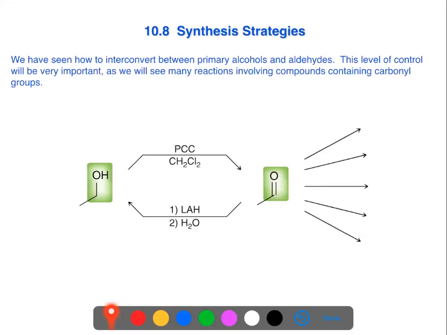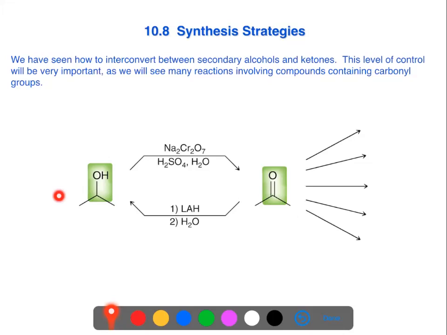We also saw that we can reduce those particular carbonyl-containing compounds back to the alcohol using a variety of hydrogen nucleophiles, primarily sodium borohydride in some type of polar protic solvent, or using a two-step reaction where we first introduce lithium aluminum hydride, a much less selective reducing agent, but a much more reactive one, and then following that reaction with a water quench to give us our final alcohol.